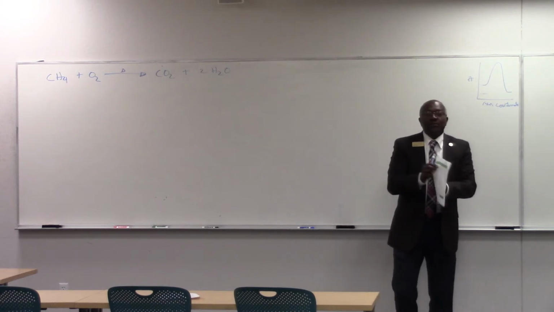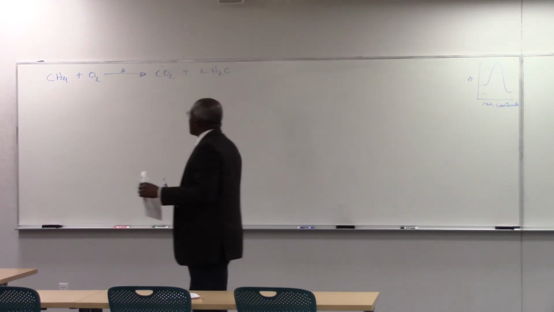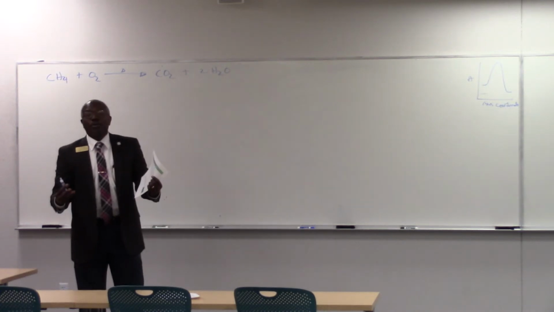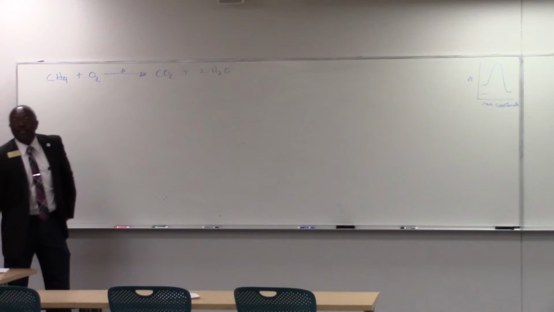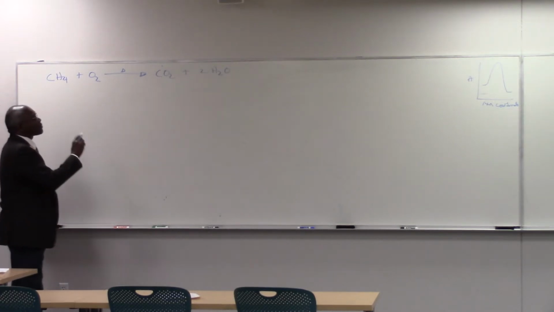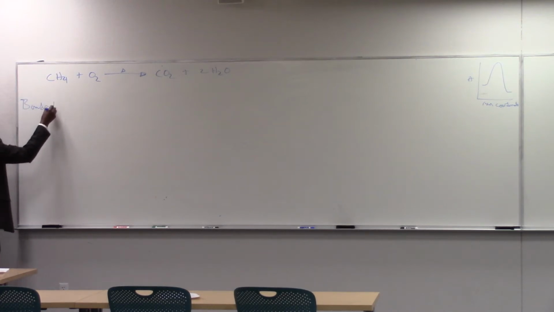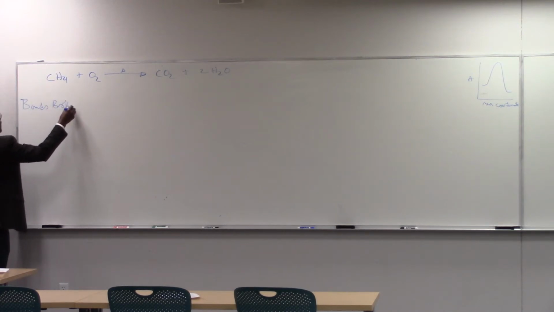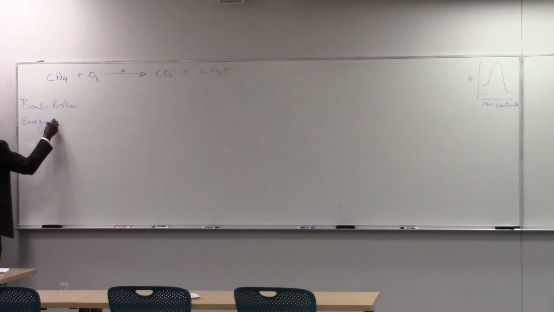So I'm going to use my table of standard bond energies to determine how much energy was consumed in bond breakage, how much energy is lost in bond formation. So I'm going to split this up in the following way. I'm going to say bonds broken. I'm going to identify those, and then I'm going to say energy gain.